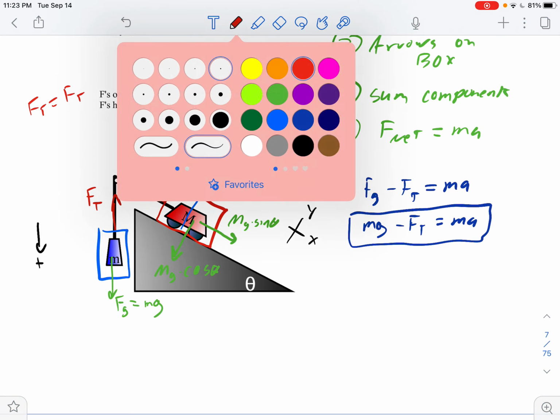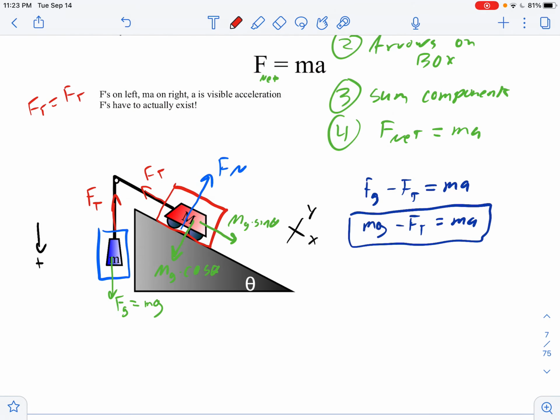If I look at the red box here, in my x direction, if I set down as positive over here, I want to stay consistent with my positive direction. So up the ramp is going to be my positive direction here.